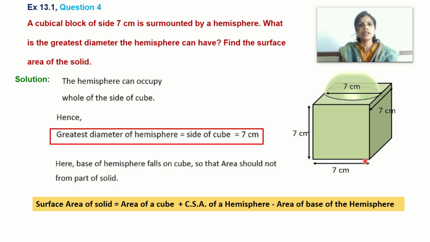So here in this case we can see the cubical block, on the top of that the hemisphere, but the base area of the hemisphere is not visible to us.